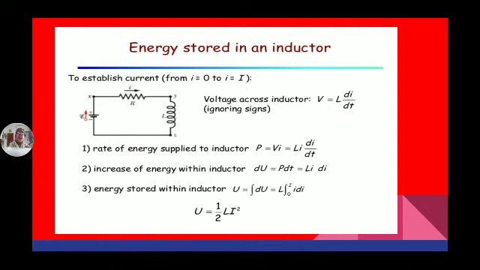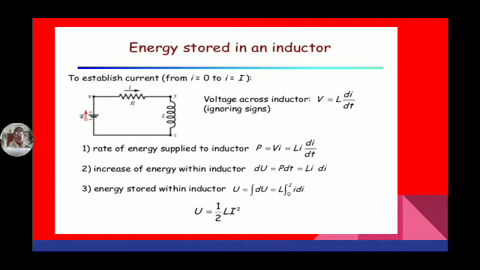Now what is the energy stored? Energy is nothing but the product of power and time. So dE is equal to P into dt. What is P? L i into di by dt. The dt cancels, and we are left with L i di.